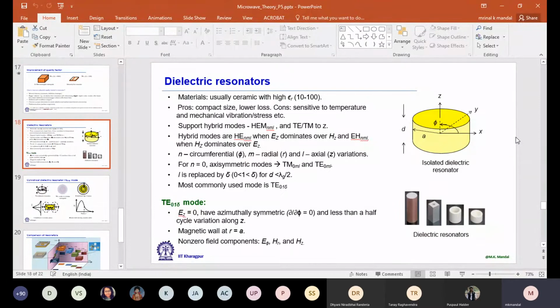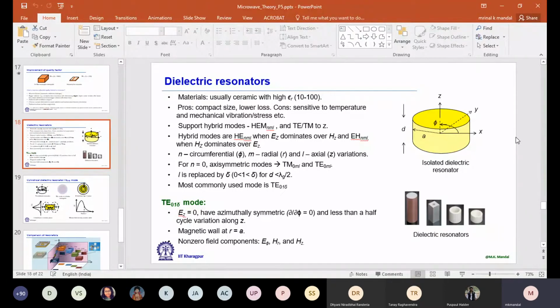Now, when I'm talking about TE, transverse electric, or TM, transverse magnetic, this is with respect to some direction, right? For a rectangular waveguide, we consider the propagation direction. That is the reference, and with respect to that, we define transverse electric or transverse magnetic.